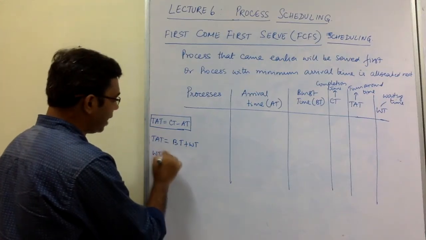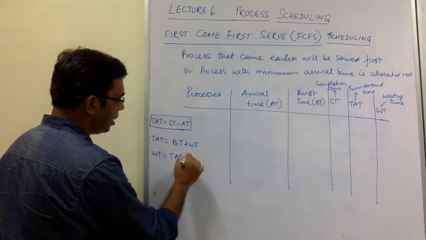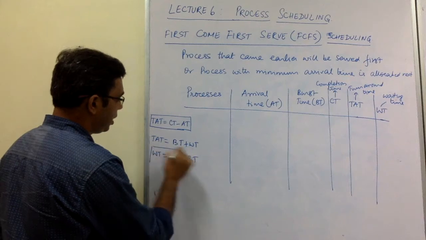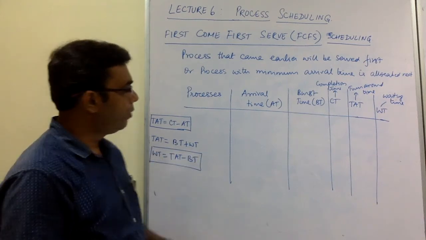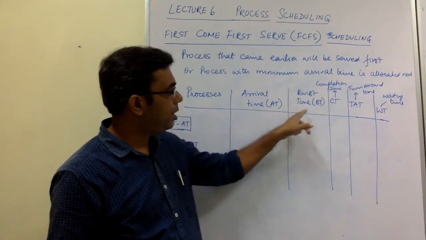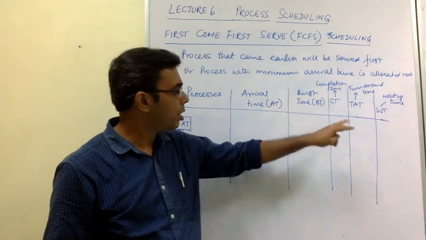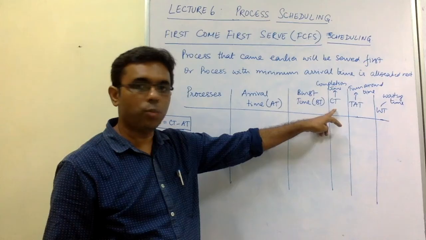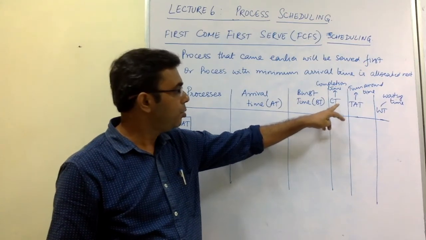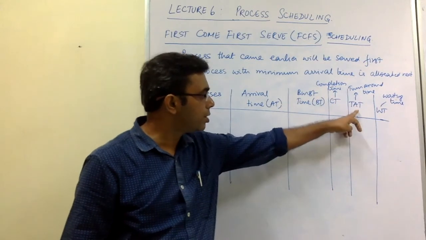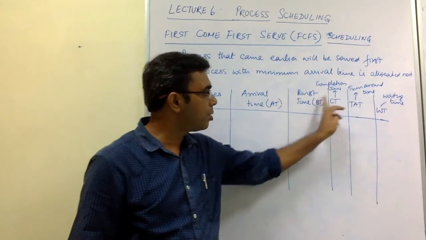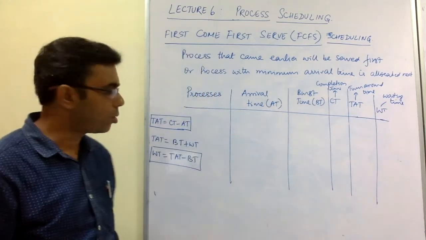So WT in that sense is TAT minus BT. So if I have AT and BT, I will first schedule the processes and get the completion time of each, then use CT and AT to compute TAT, and then use TAT and BT to compute WT. This is the whole idea.